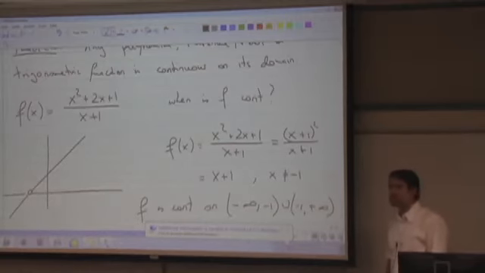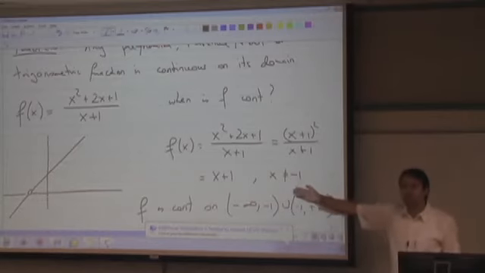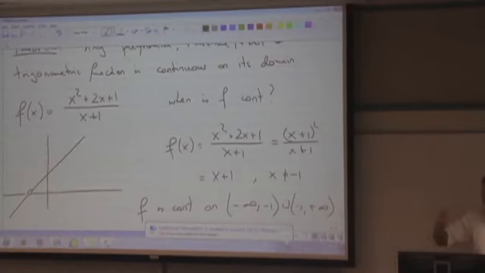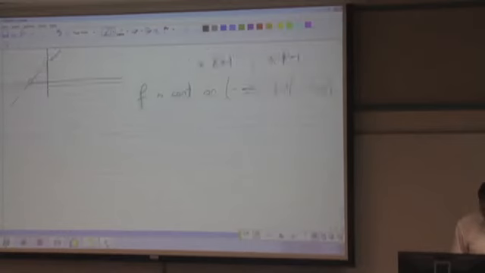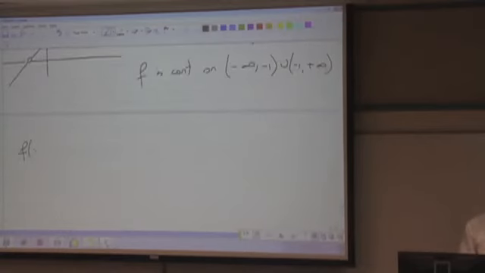So it doesn't necessarily have to be a vertical asymptote. It can very well be a hole. Is everybody understanding this? Obviously, if I look at f of x equals 1 over x squared, what is the domain of f of x?